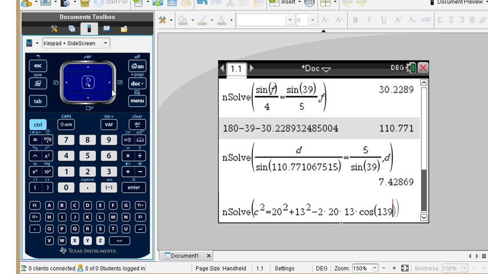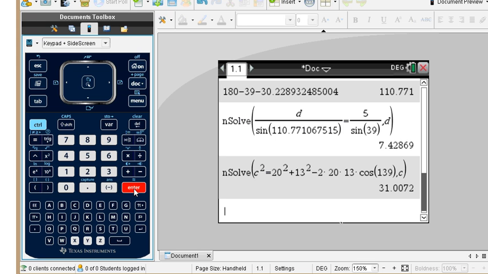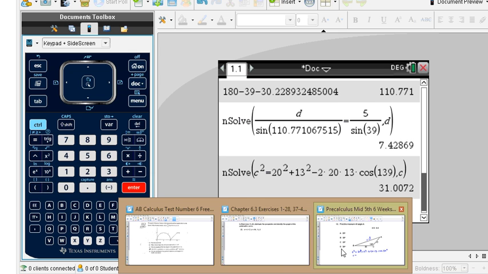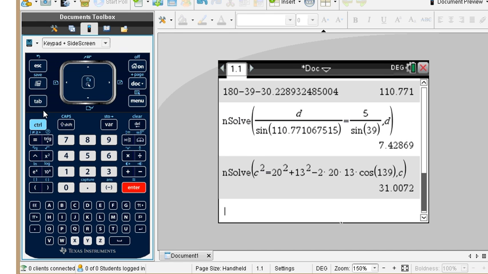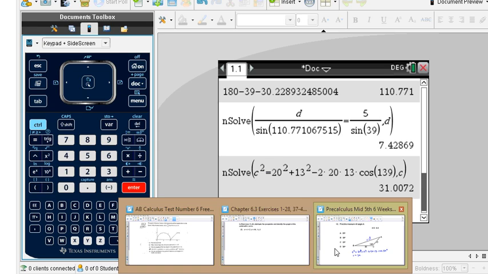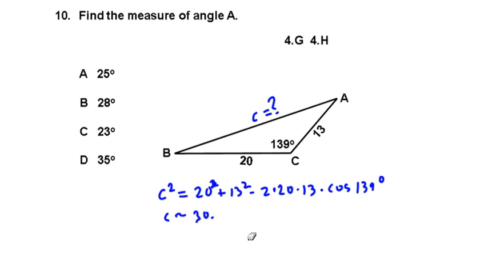And we go outside here, and we're going to press comma C. And for that, we get 31.0072. Okay, so we go here, 31.0072, and that's a side length.